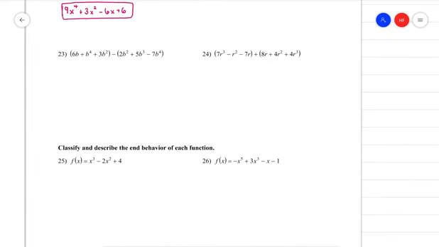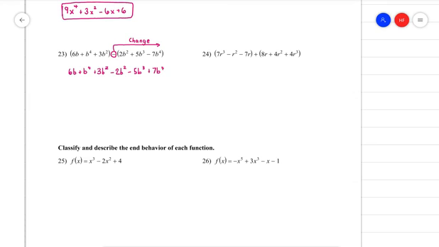Number 23, we have a minus sign. So we're changing all these signs. There's 6b plus b to the 4th plus 3b squared minus 2b squared minus 5b cubed plus 7b to the 4th.